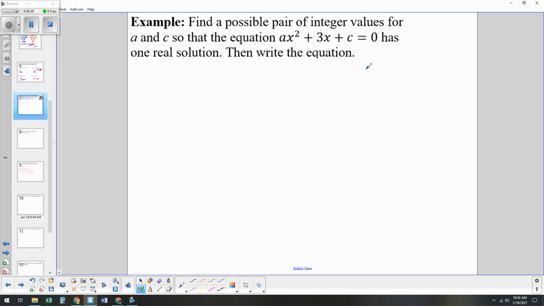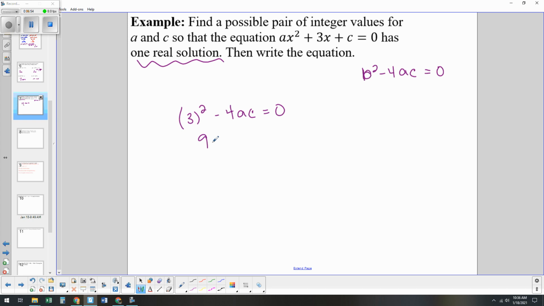So what we're going to do here is we know that b squared minus 4ac has to equal 0 in order for there to be one real solution. And I know that b is 3, so that's the only thing I get to plug in. So I have 3 squared minus 4ac equals 0.